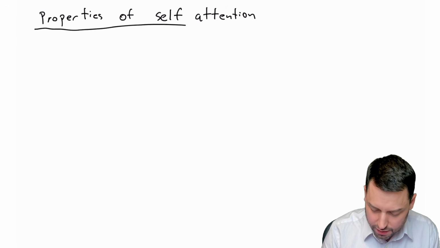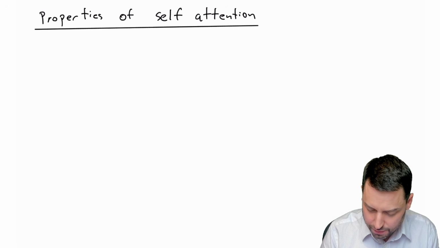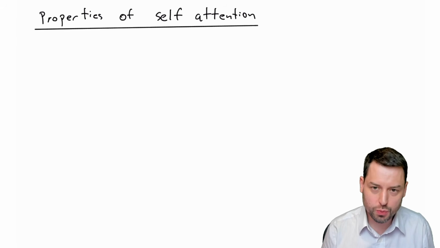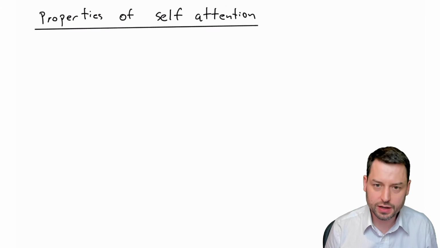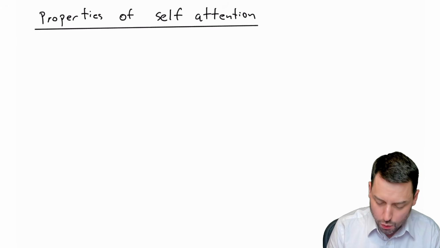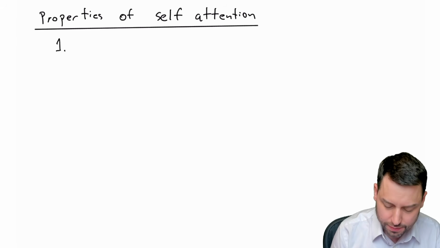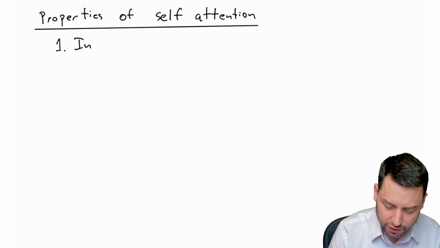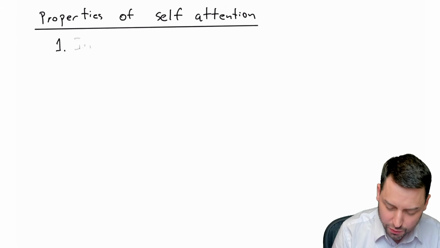And in this case, what we're going to do is talk about two properties of self-attention in particular. Number one, the fact that self-attention is invariant. Actually, I'm not going to use the word invariant.